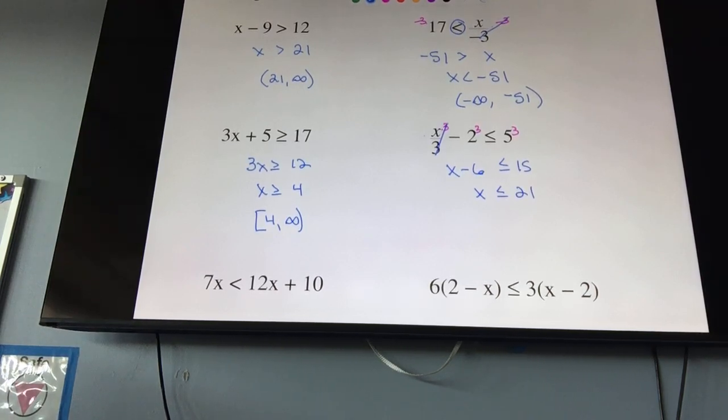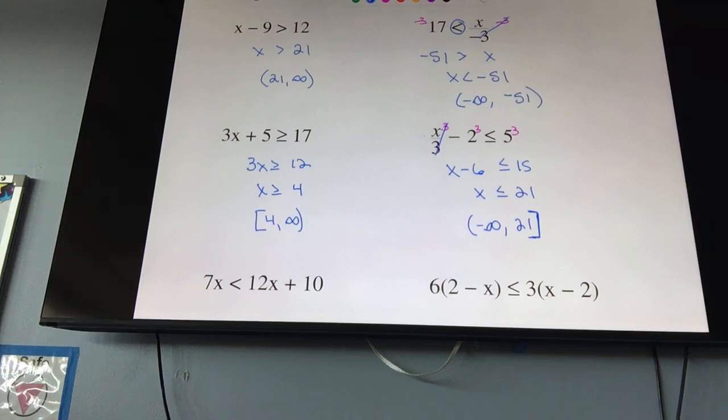So here I'm going in the negative direction, less than 21. 21 is the biggest it can be. So I'm going to go in the negative infinity direction up to 21, including 21. So less than or equal to, greater than or equal to, I'm going to have a bracket.